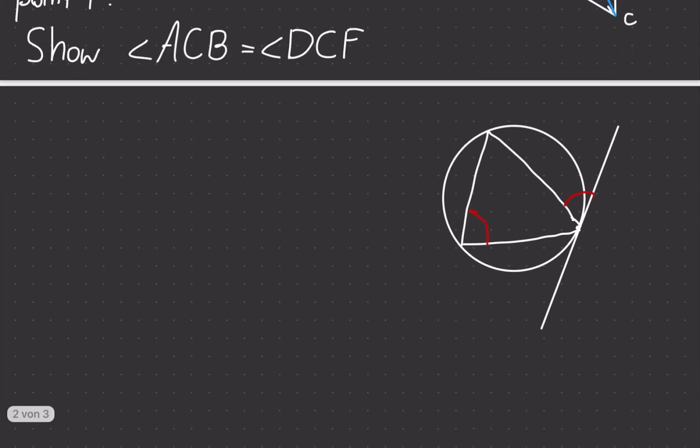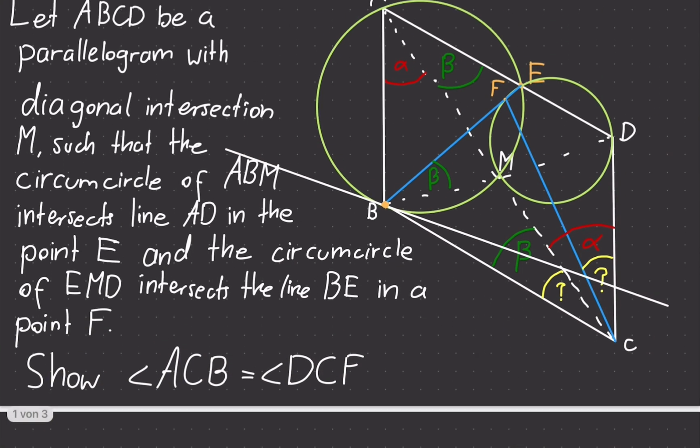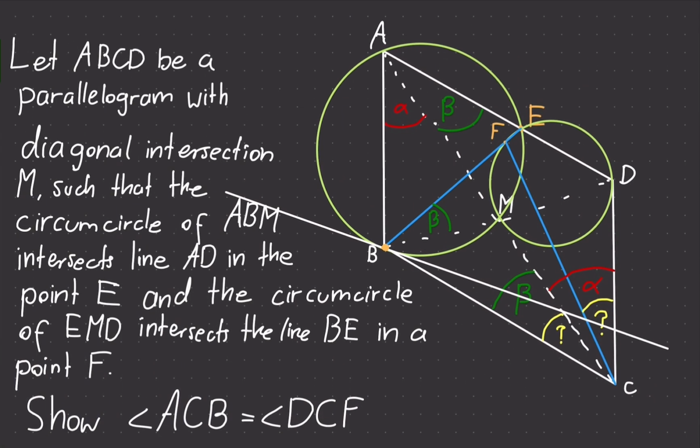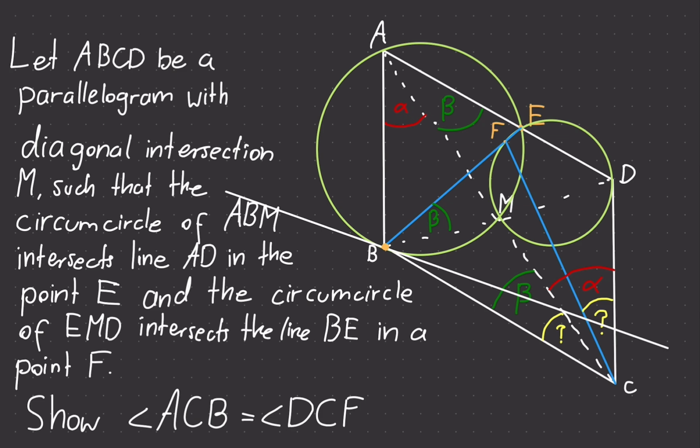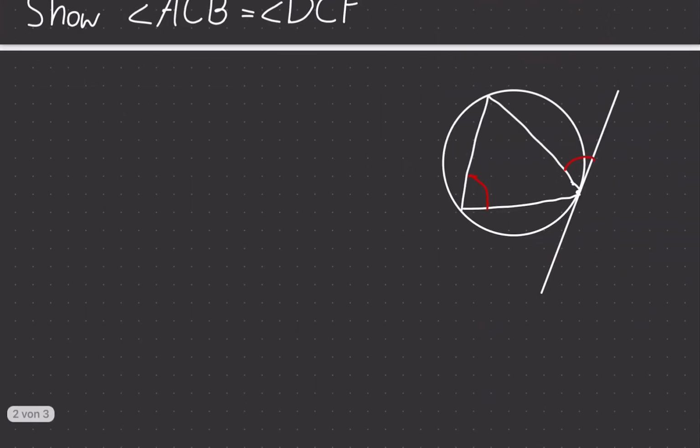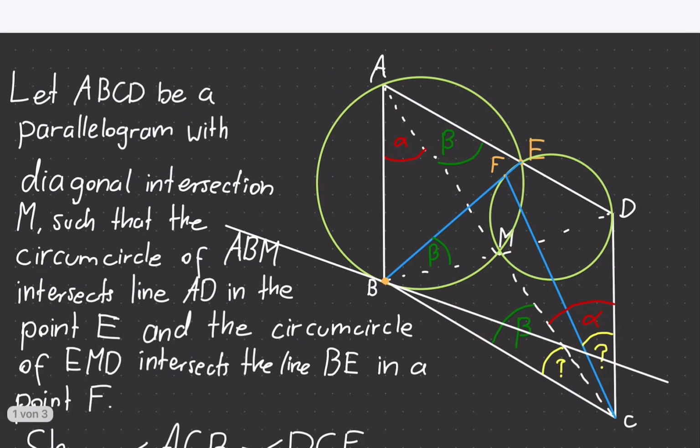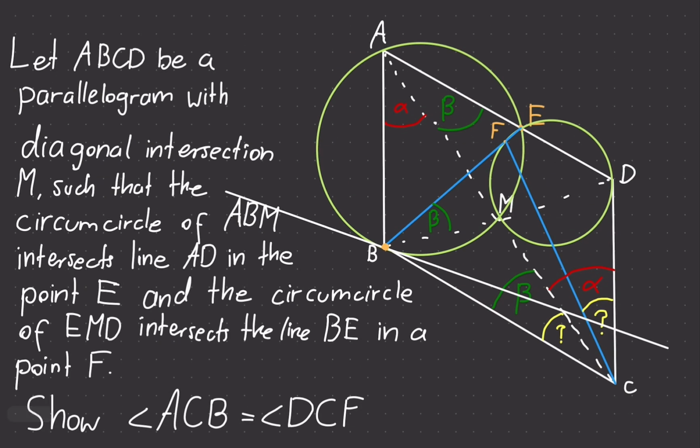And so in our problem, that translates to the fact that the angle that I'm going to draw in here is exactly equal to alpha. See? So this angle equals this angle by the same drawing I showed here. So let us just draw in an alpha here.